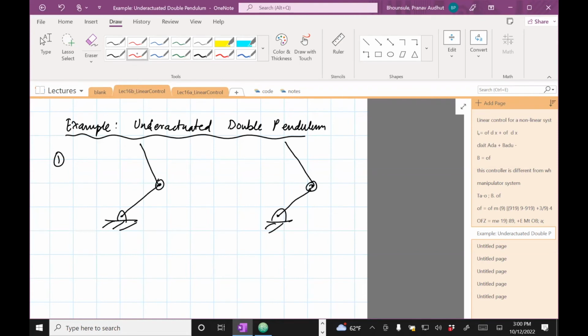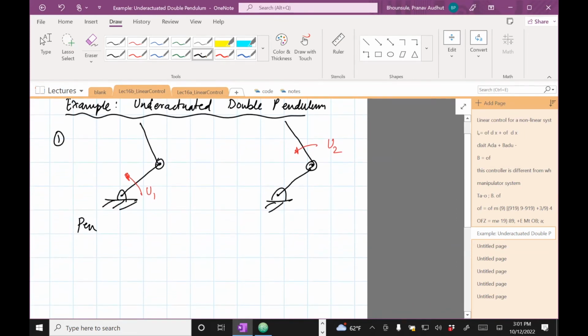One way we can get an underactuated pendulum is we actuate this link. There's a torque or a motor at the first link, and it can provide a torque U1. You could also have a torque at the second link. Note that those torques don't appear on both links. There's only one torque. This one is known as a Pendubot. And this one is known as an Acrobot.